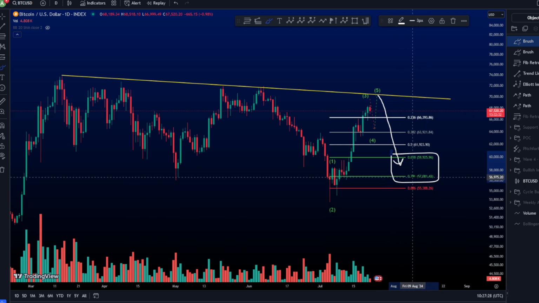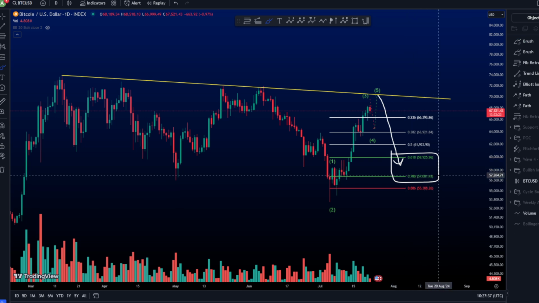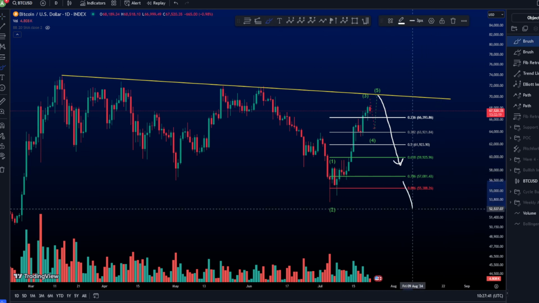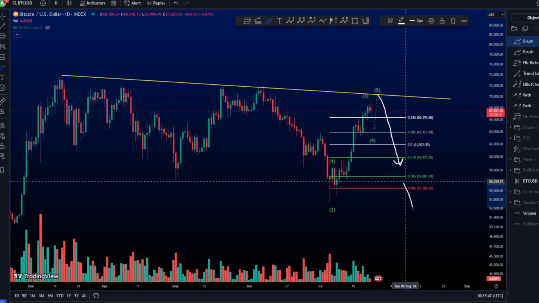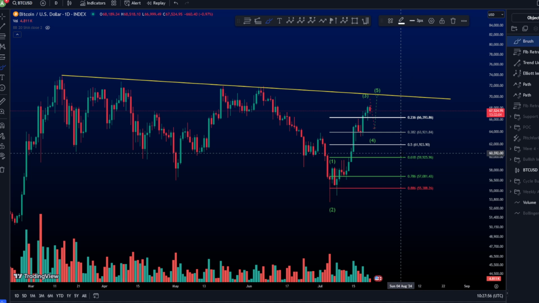Lower than 57,000, I would say we are in danger of a bearish market. We are still very far from that price from now. And to be honest, I don't really expect that the pullback will even reach this area.